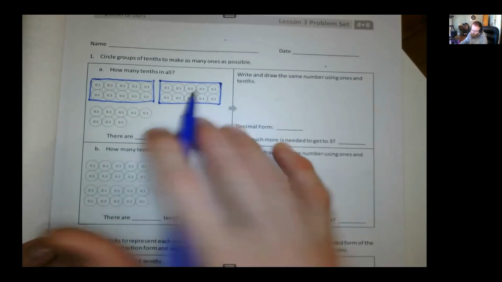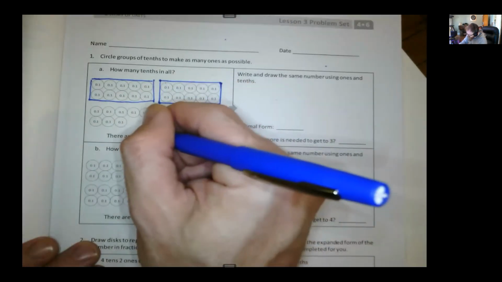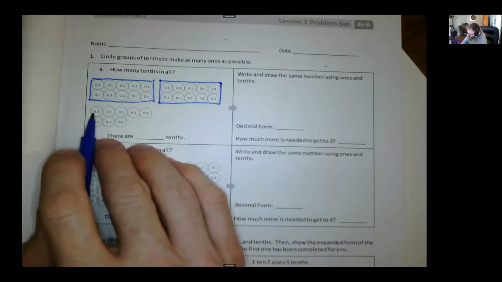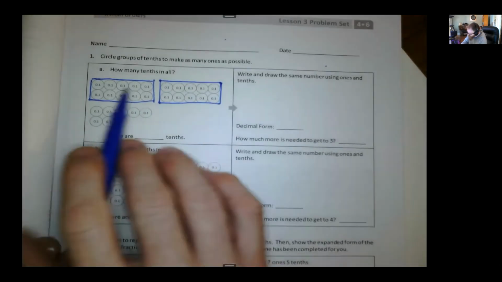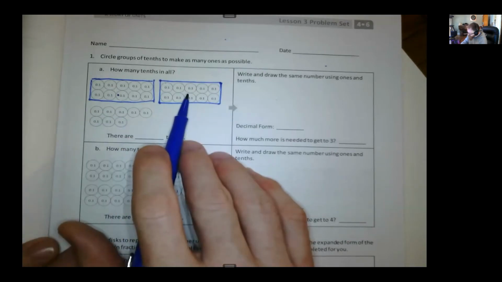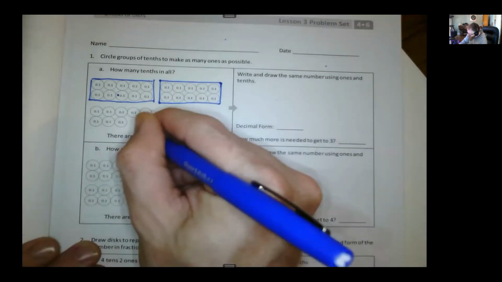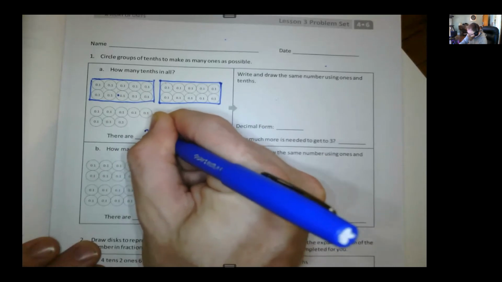That's 2 wholes. Our whole number is 2. And we have 1, 2, 3, 4, 5, 6, 7, 8 tenths here. So there are 10, 20, plus 8, there are 28 tenths.